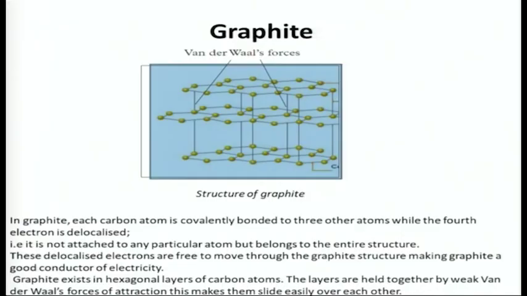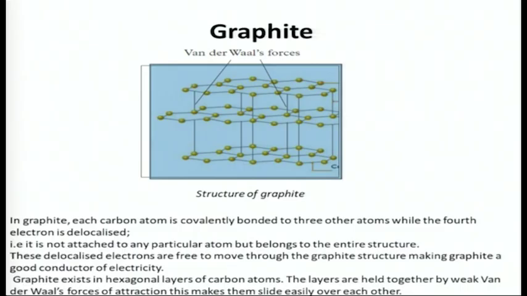Look at the structure of graphite on the slide here. You remember with diamond, we had said that each carbon is bonded to 4 other carbons. So no free electron. All the 4 electrons are used.